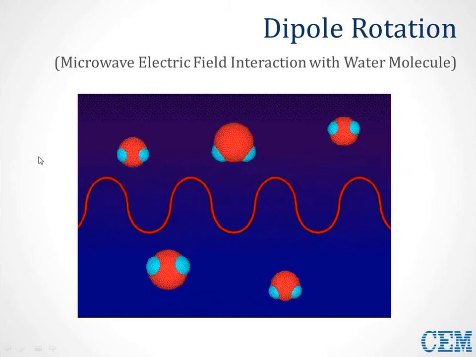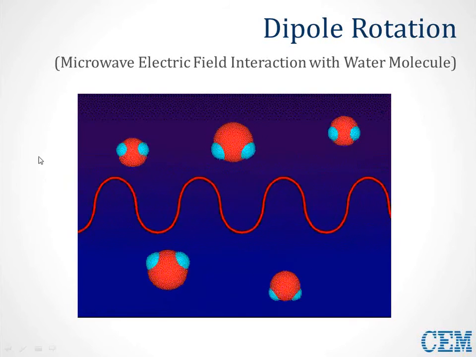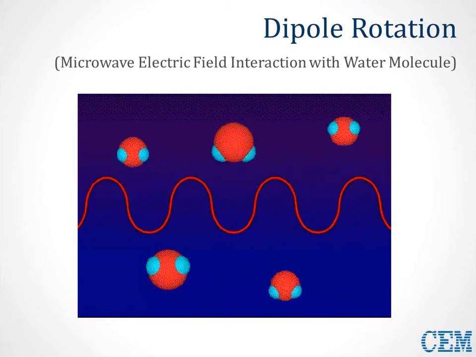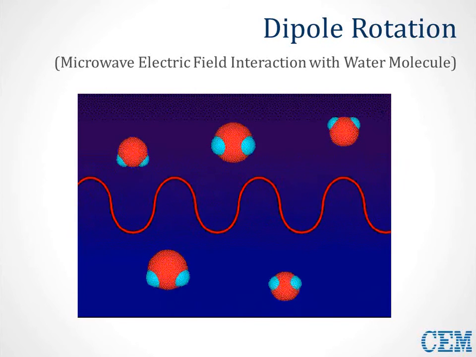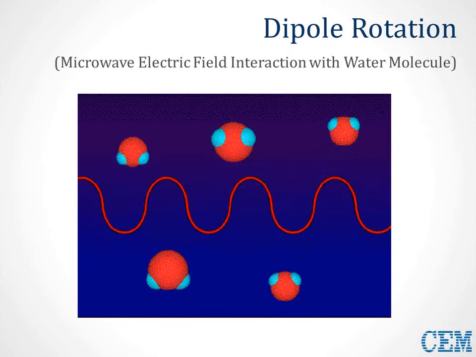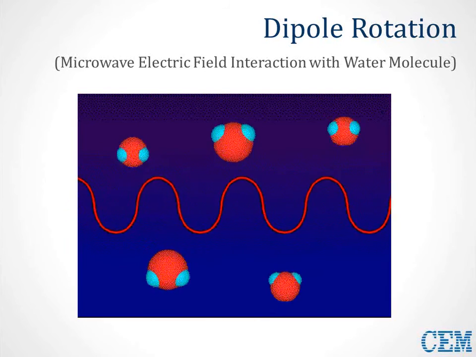Now, what will happen is it'll try to align itself, and then another microwave will come through every nanosecond, essentially disrupting the current progress that the water molecule is making, and then again begin to align itself with that new microwave field. And so it's always constantly trying to align itself, never perfectly following that electric field. And what happens then is this basically induces this motion that you see here, this wobble effect, and that kinetic energy then gets translated into heat.